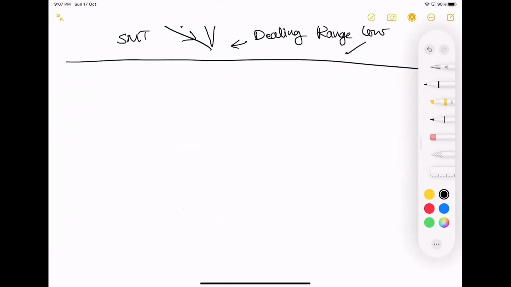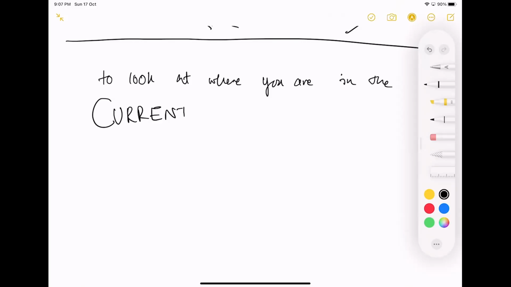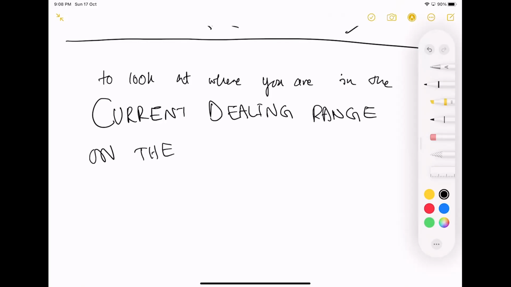Or if you want to get in really high probability trades, you have to look at where you are in the current dealing range on the high time frame, HTF.